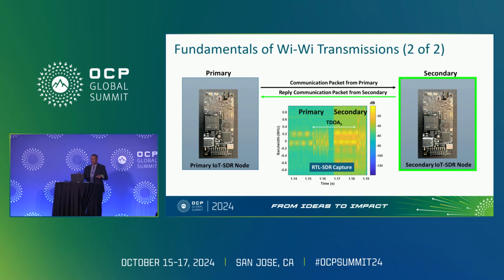At that point, I'm also transferring information back. You can notice here that the capture is a little bit stronger, and the receive is going to be weaker. With that, I can now get time difference of arrival going the other way. The time differences of arrival for both secondary and primary are combined such that I can figure out my actual propagation delay as well as clock offsets.